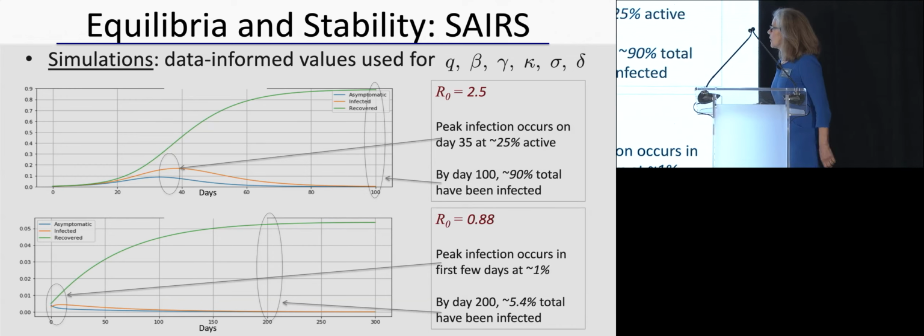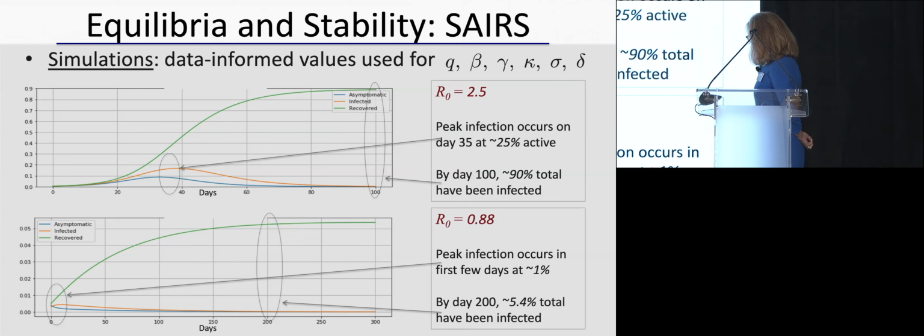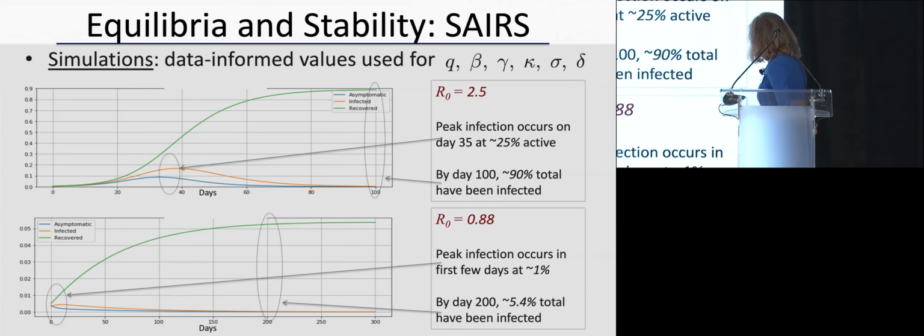So in the top, at the end, we're at some point after 3 months. In fact, we have 90% of the total population infected. And in the case where we meet the condition, after, say, 200 days, we only have 5.5% of the total population that's been infected. So that's the difference that it makes if we meet the conditions for convergence to the disease-free state.